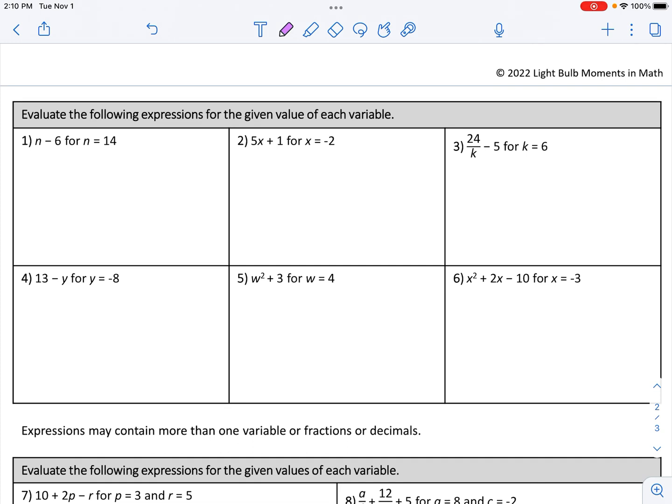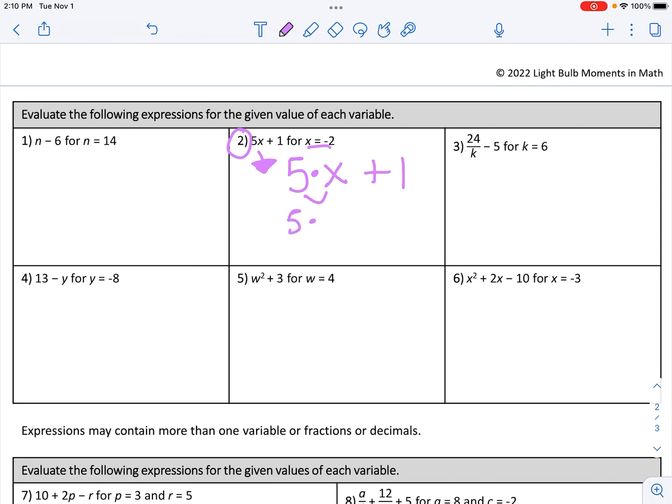So let's go ahead and do number 2. We have 5x plus 1 when x equals negative 2. So 5x, what operation is it when we have a coefficient, a number 5 right in front of our variable? This means to multiply. So this is really saying 5 times x plus 1. And now it's telling us that x is negative 2.